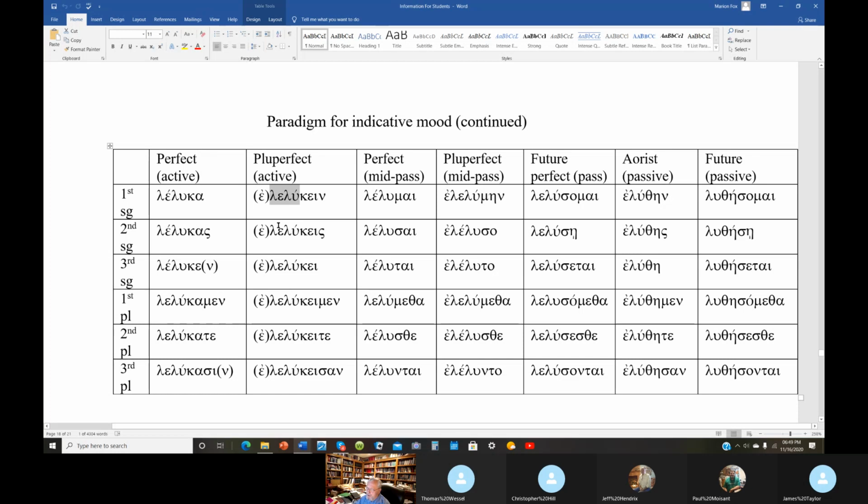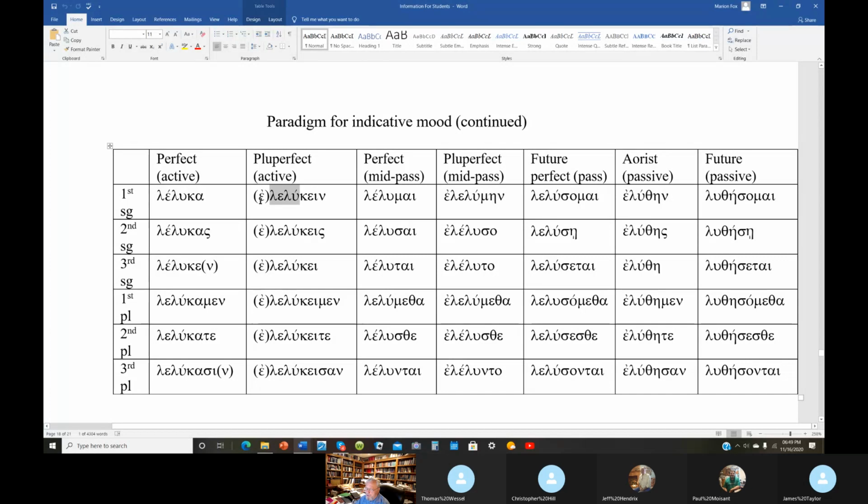And so we have elelukein, and so our ending is different, see? So we don't have to have the augment if our endings are different. Look at your endings, they're all different. Every one of them is different. And so with the endings being different, the augment's unnecessary to distinguish pluperfect and perfect.